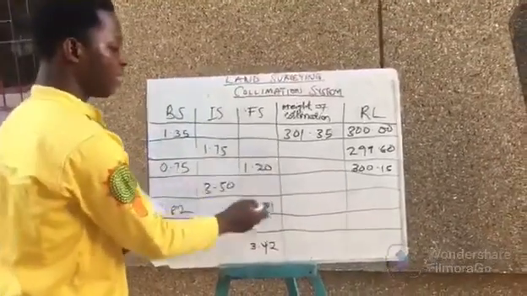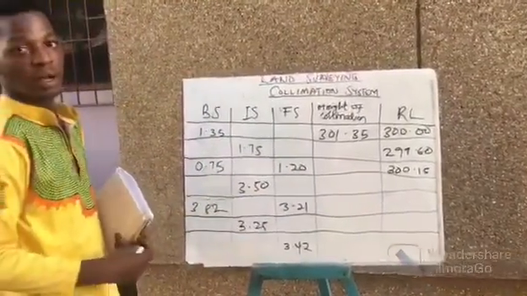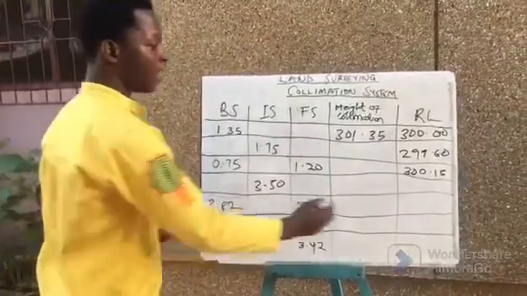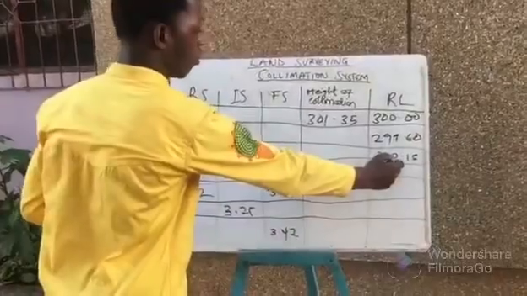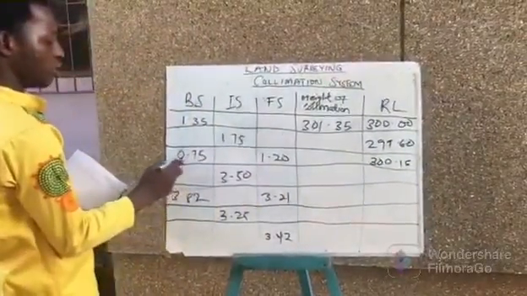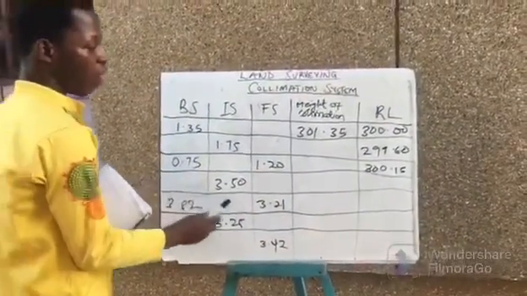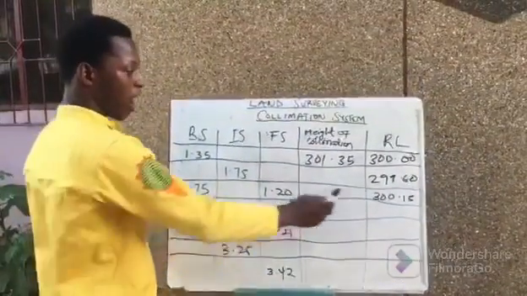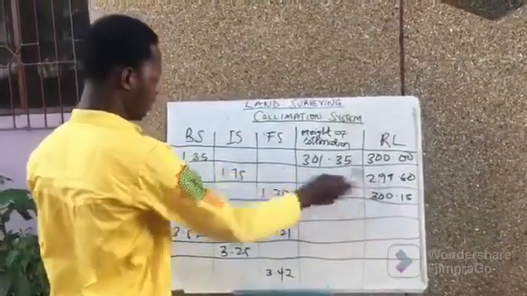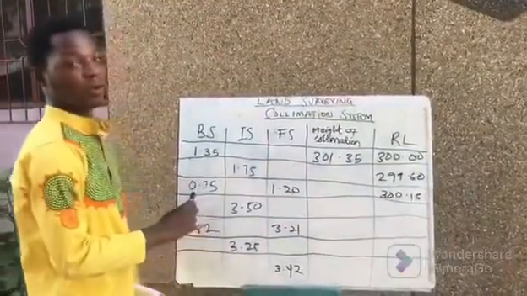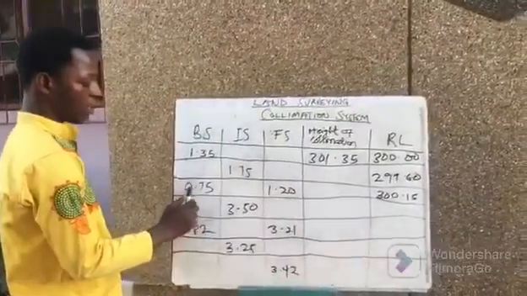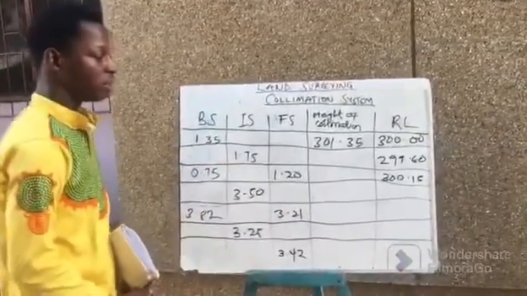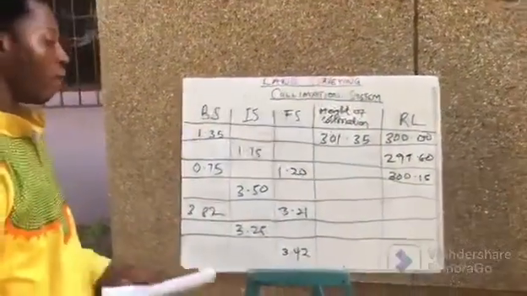So to find the height of collimation after the instrument was changed, I'll add the backsight 0.75 to the corresponding reduced level, not the reduced level of this point plus this, because they are not on the same line.